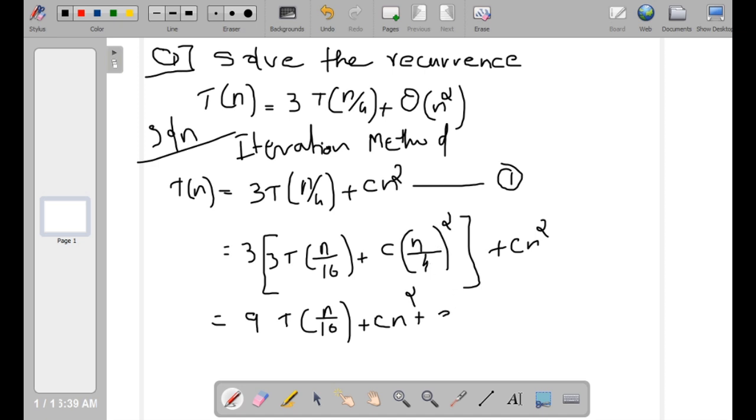So 3 into c(n/4) square. This is the second equation. Then the third equation will be 9T(n/16).